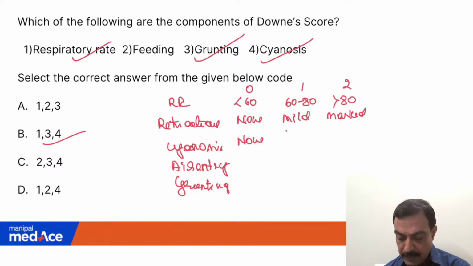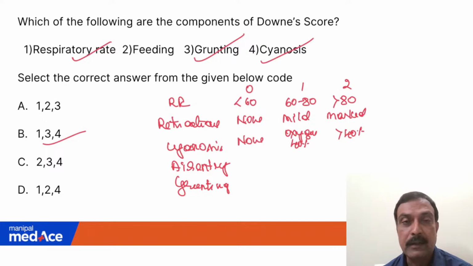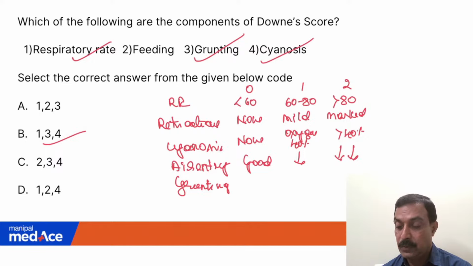If cyanosis is relieved by oxygen of around 40%, the score is 1, whereas if more than 40% oxygen is required, or cyanosis persists despite oxygen, the score is 2. Air entry good, score is 0. Air entry decreased, score is 1. If air entry in the lungs is significantly reduced, the score is 2.